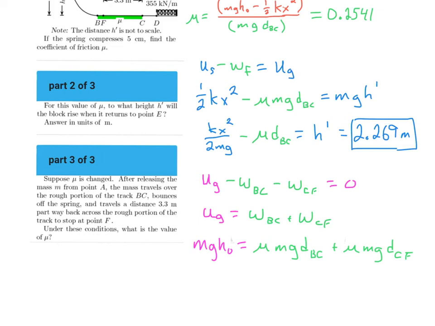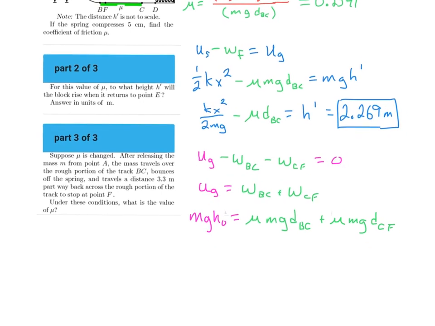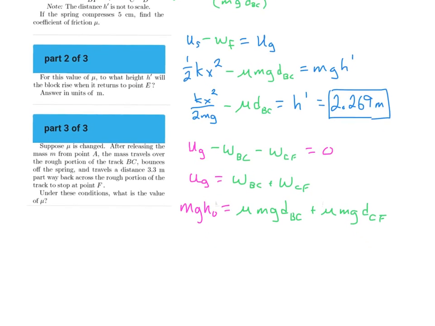And you'll notice that each of these pieces, they all have m and they all have g. So what I'm going to go ahead and do, mg cancels out, mg cancels out, mg cancels out. We can only cancel it out because mg is in each piece.